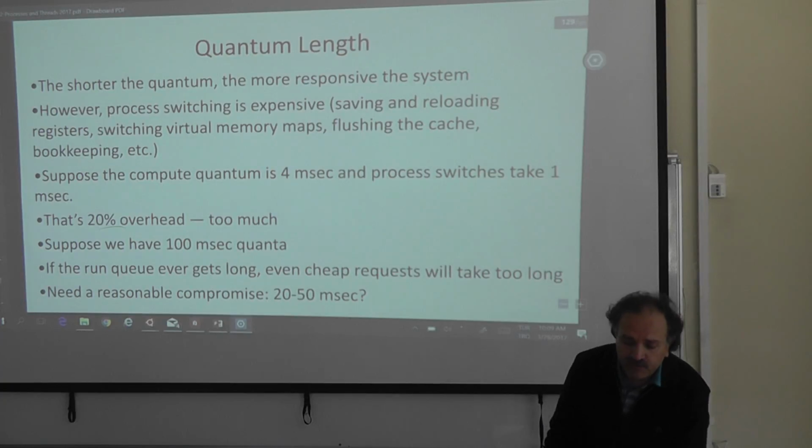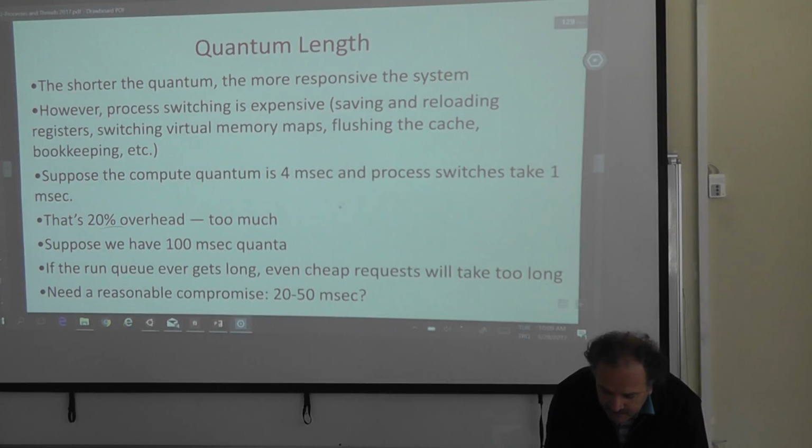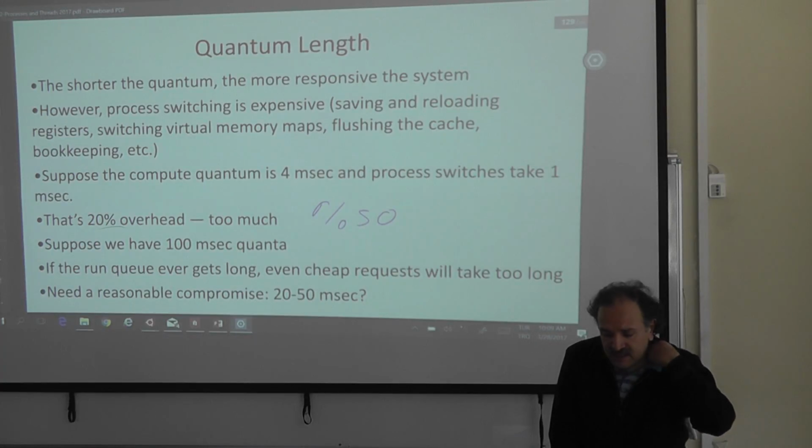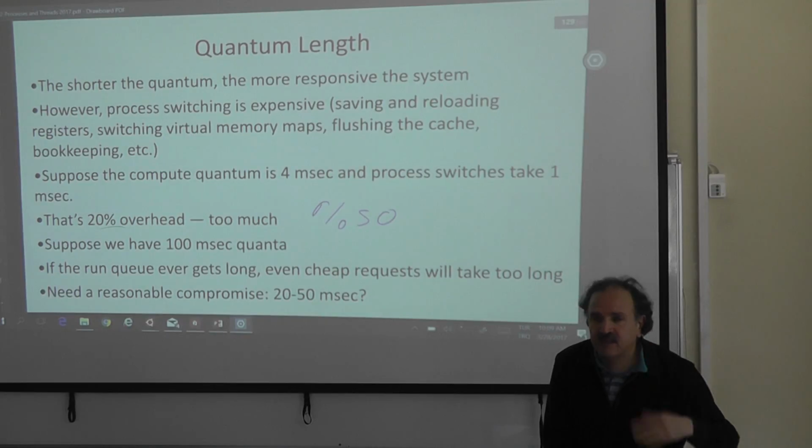So the 20% of time is context switching overhead. It might be too much. Sometimes it is not. Sometimes, for some systems, even 50% context switching time may not be too much. What kind of systems are these? These might be very, very interactive systems.